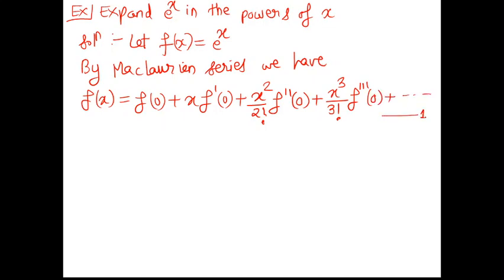Let's call it formula number 1. What is the requirement of this formula? We need the value of the function at 0 and its derivatives also at the point x is equal to 0. So this we have, right?